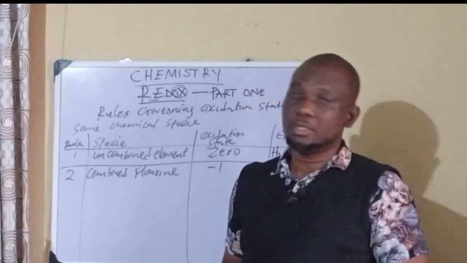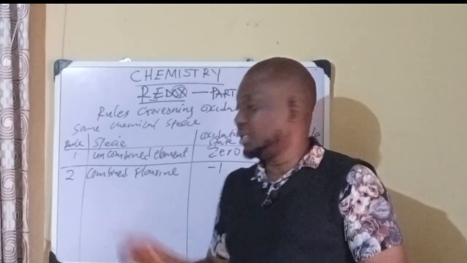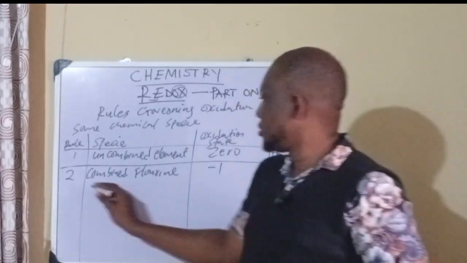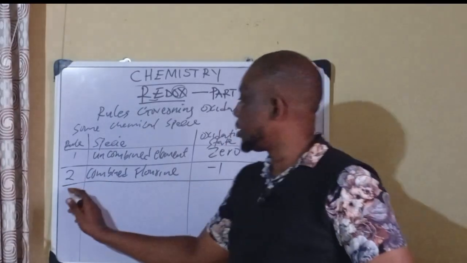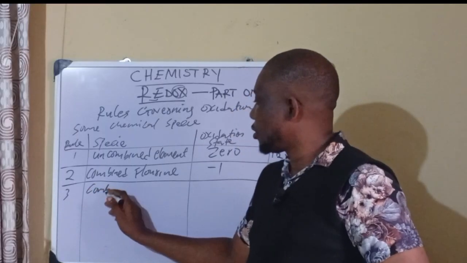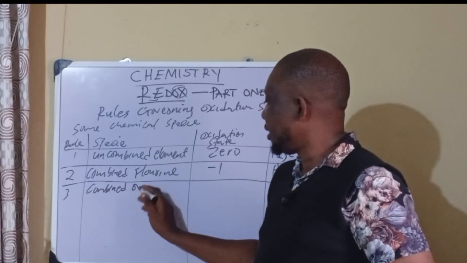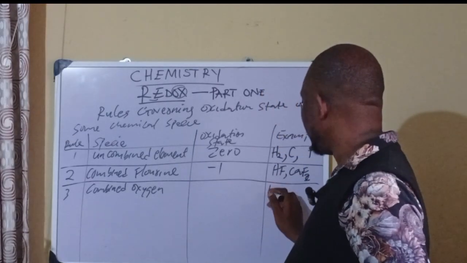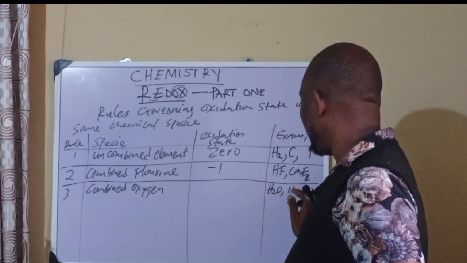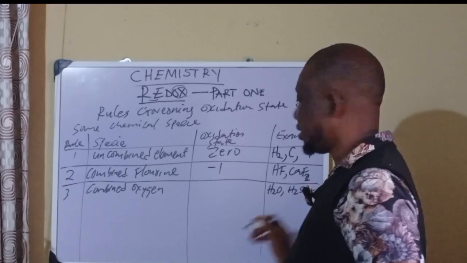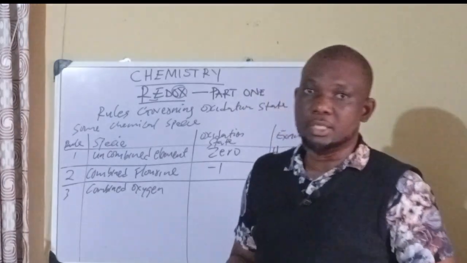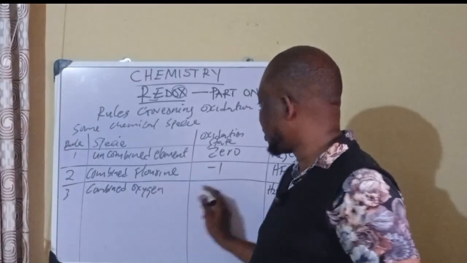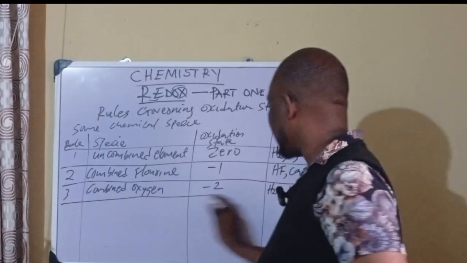Since fluorine is a halogen, in its combined state its oxidation number is -1. That is rule number 2. So rule number 3, we're going to look at combined oxygen. Where you see oxygen combined as in water, or as in some of the oxyacids, in any combined state of oxygen, the oxidation state of oxygen is -2. So take note of that.